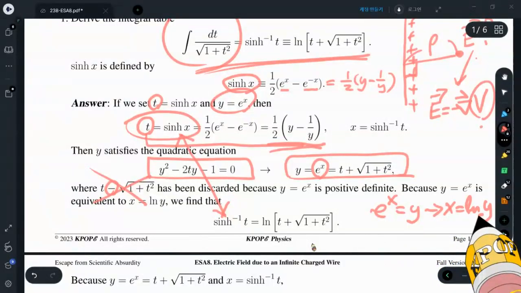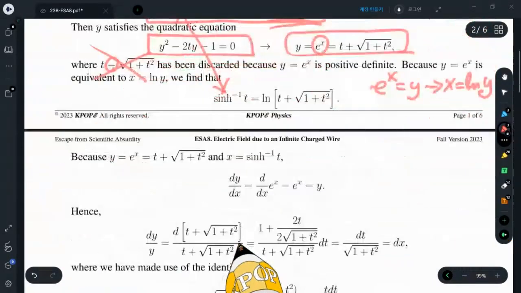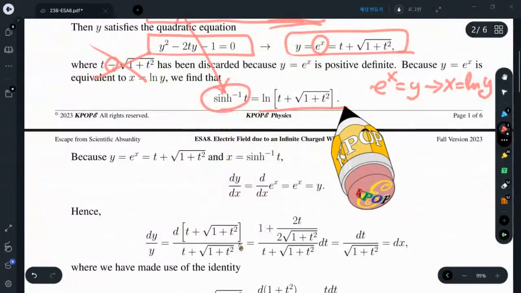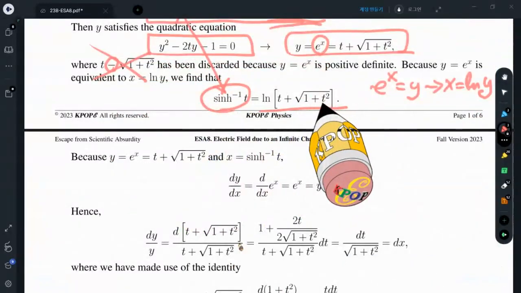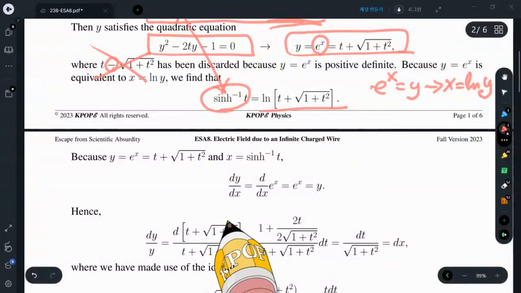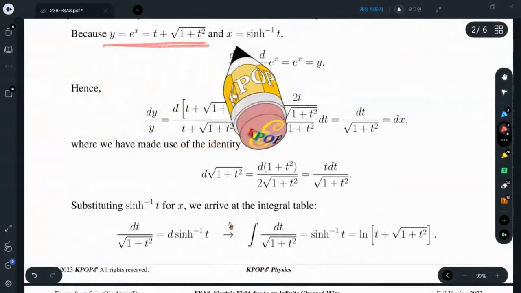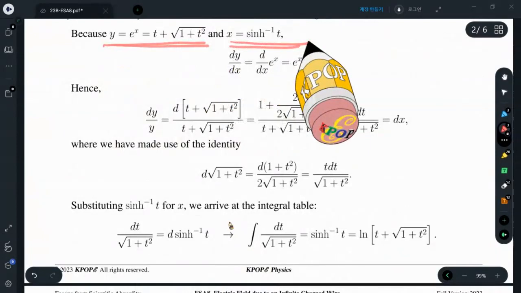All right, so the inverse hyperbolic function is log of t plus the square root of 1 plus t squared. This is what we know.